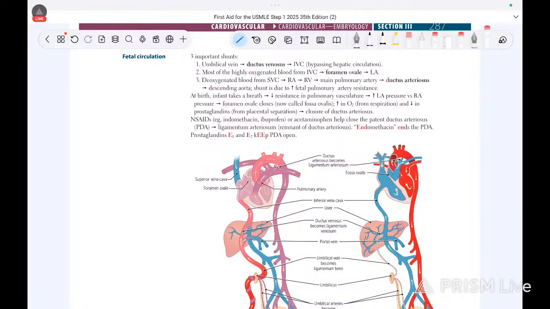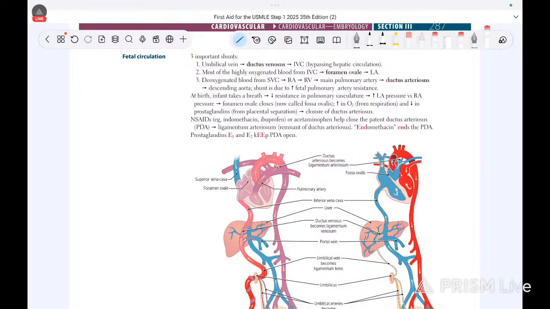Next is IVC to foramen ovale to left atrium. Hence the IVC brings the highest oxygenated blood from the umbilical vein, and it goes here and then to the left atrium.